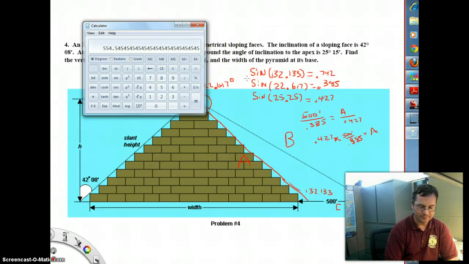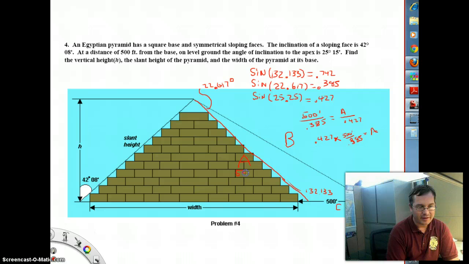So let's write that down. This side here, 554.55 feet. And I can do the same thing for side B. So again, basically I'm going to end up taking the sine of angle B, which in this case, let's see, is that 132 degree angle.